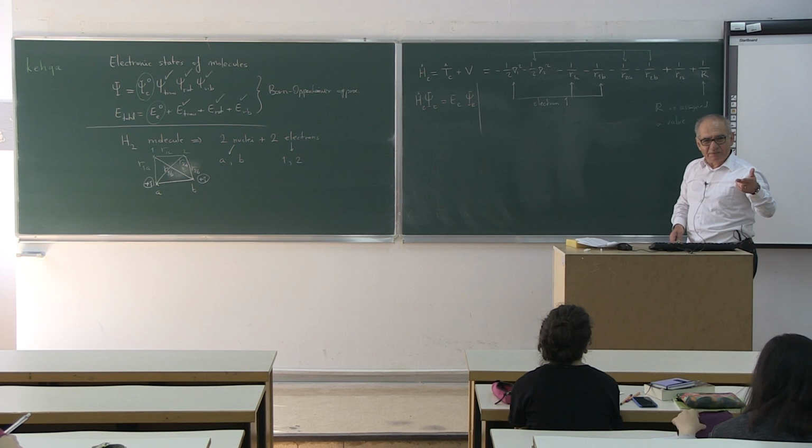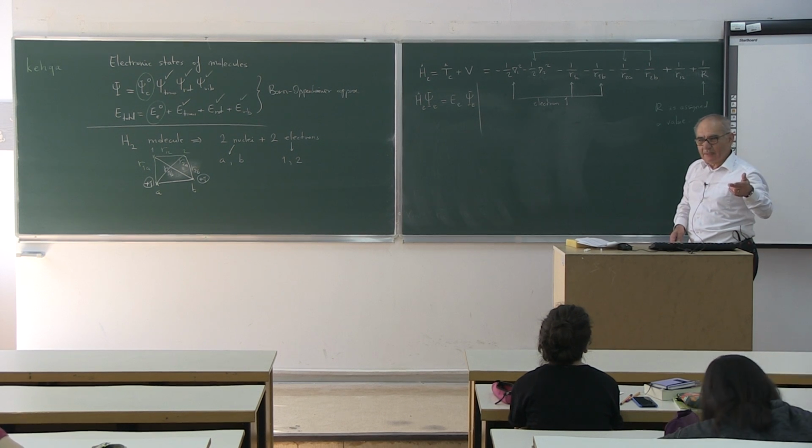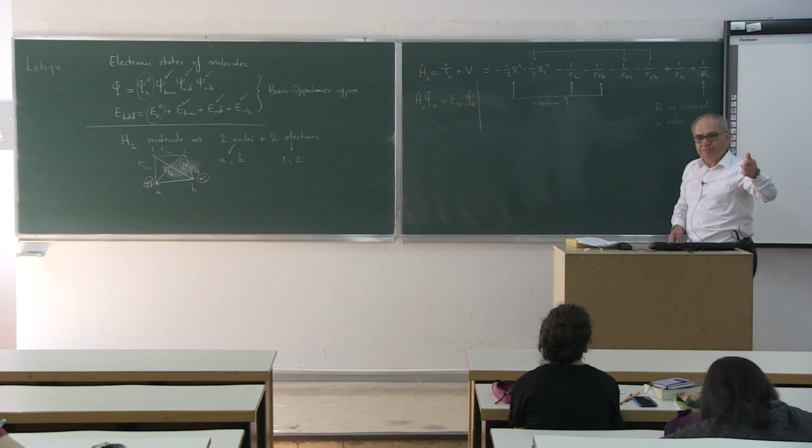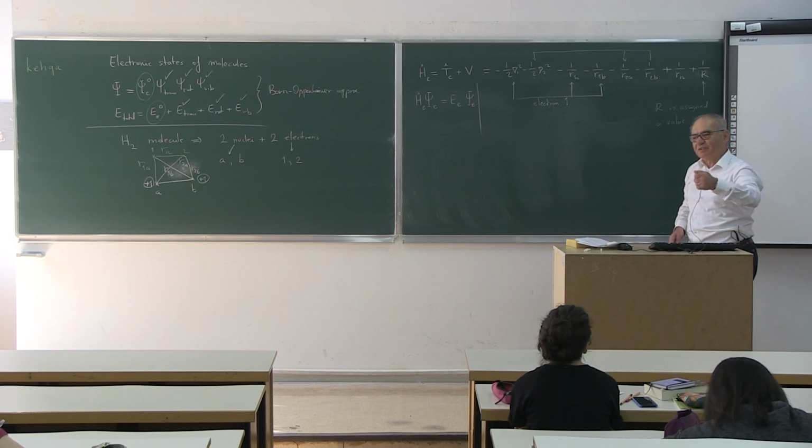What is the expression for distance? x2 minus x1 squared plus y2 minus y1 squared plus z2 minus z1 squared, and then you take square root to find the distance between 2 points.